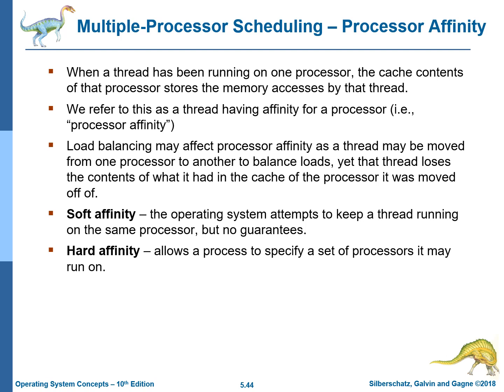Processor affinity. When a thread has been running on one processor, the cache contents of that processor store the memory accesses by that thread. We refer to this as a thread having affinity for a processor.